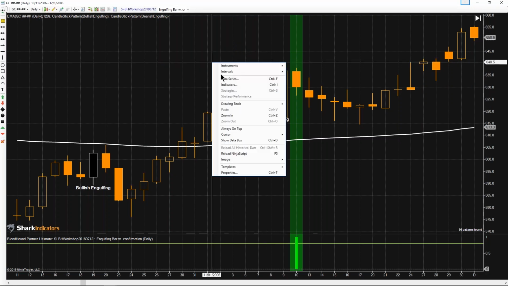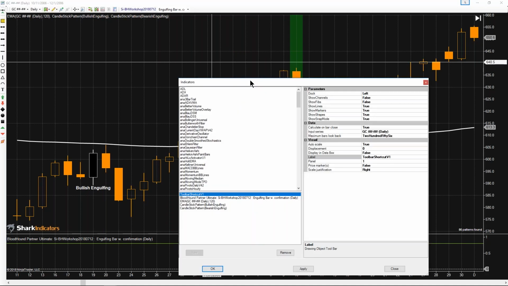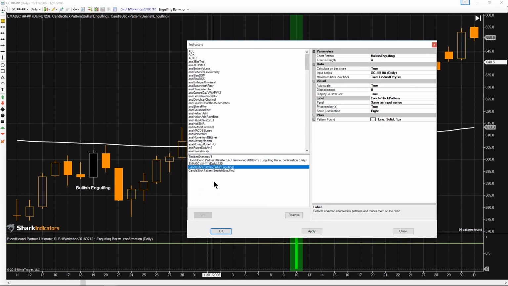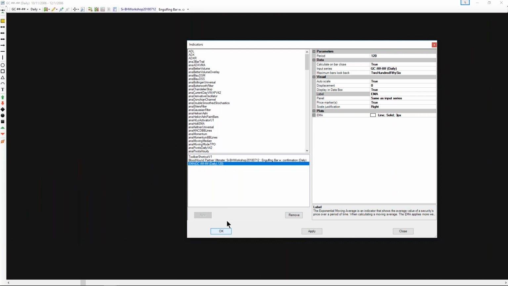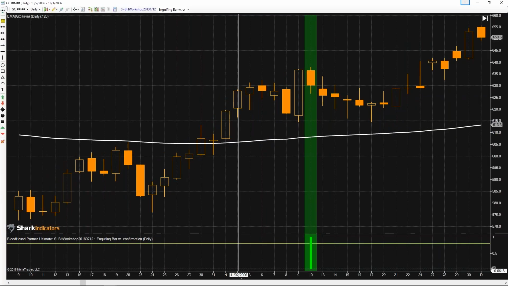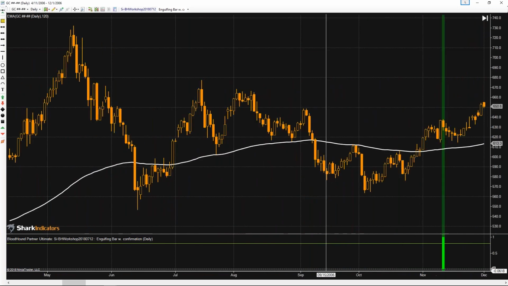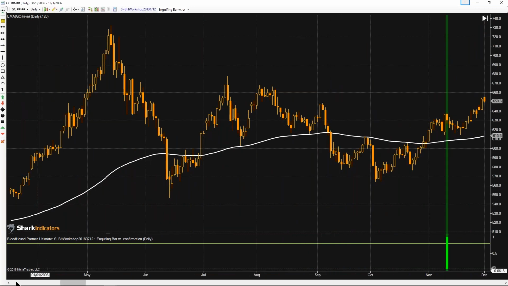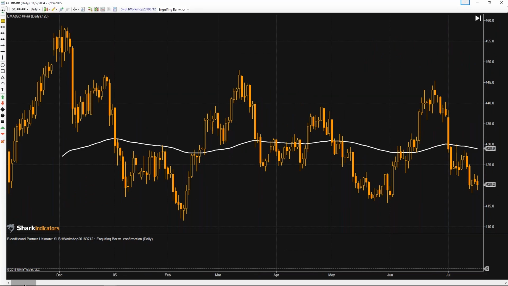All right. Let's see here. Now that I'm done finding the engulfing bars, I'm going to remove Ninja's indicators here. All right. Let's see if we find any more patterns on gold.